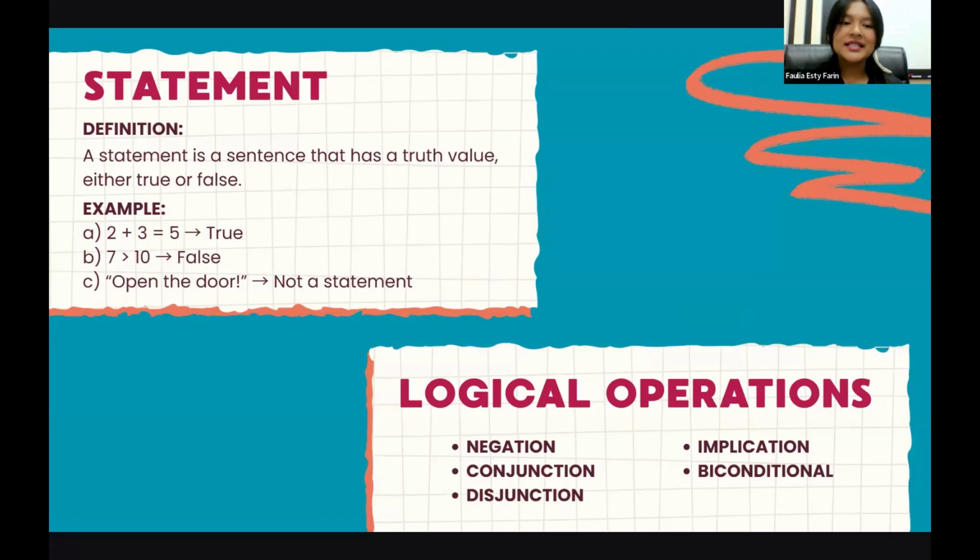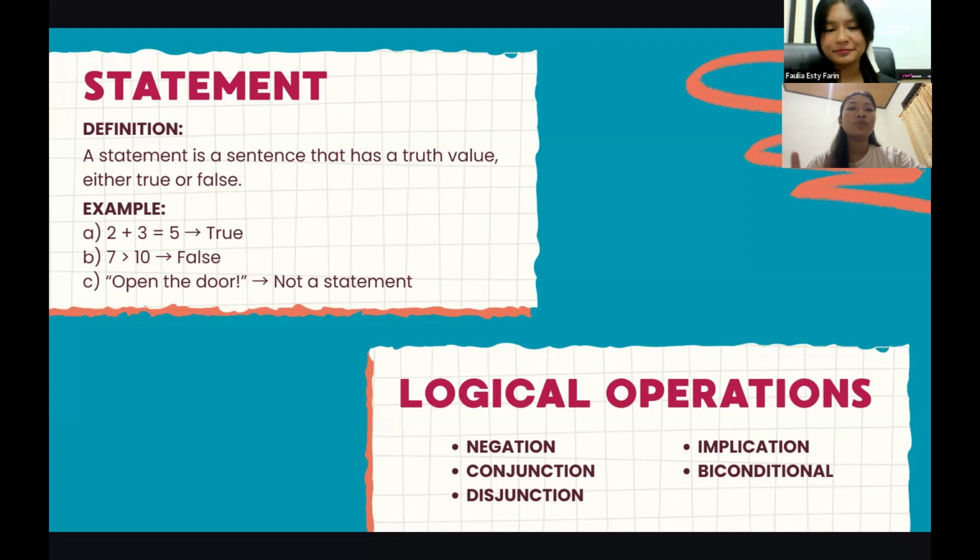A statement is a sentence that has a truth value, either true or false. Let's look at some examples. 2 plus 3 equals 5. Think about it. Is it true or false? True. Yes, that's right.